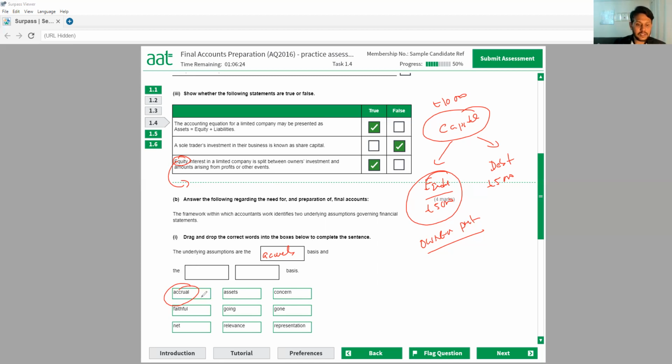And the going concern, remember that. The next one is going concern basis. What is going concern basis? Going concern is all about assuming the business will continue for the foreseeable future. Foreseeable future means when you open a limited company or a business, we open the business with the intention we'll never close it down, we'll never shut it down.